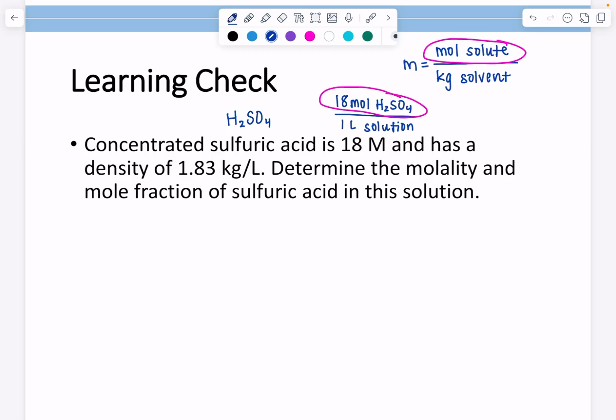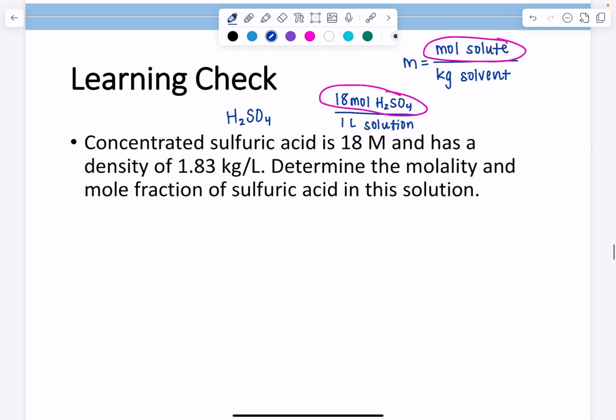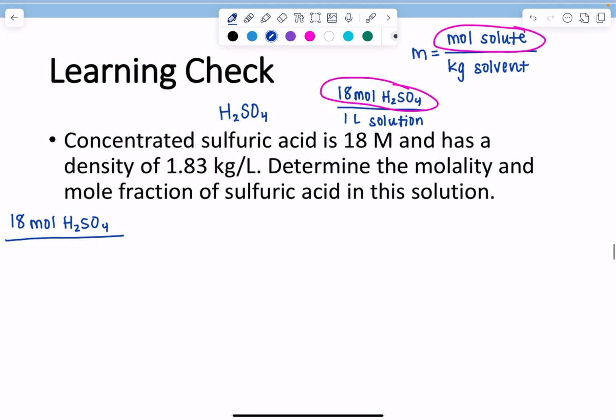So we can find kilograms of solute by using the 18 moles of H2SO4. Then we can convert to grams using the molar mass of H2SO4. That's 98.079 grams per mole.